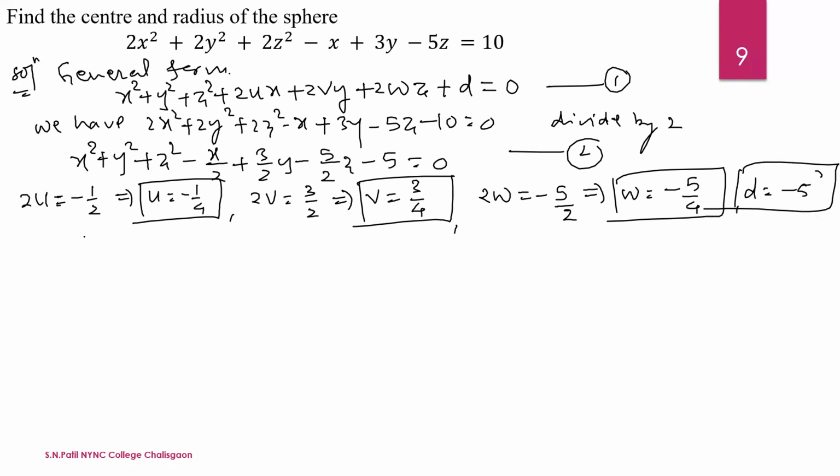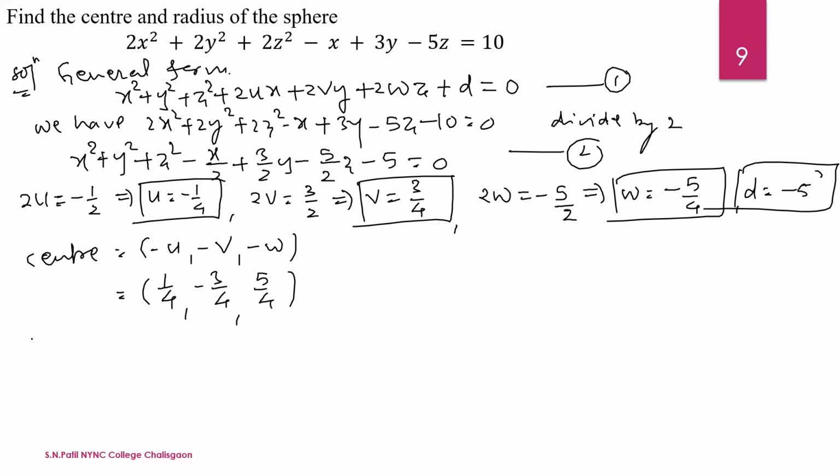Okay. Now the center of the sphere: we found u, v, w, so the center is equal to (minus u, minus v, minus w). Substitute the value of u: u is minus 1 by 4, and with the minus sign, 1 by 4; minus 3 by 4; and w is minus 5 by 4, and with the minus sign we get plus 5 by 4.